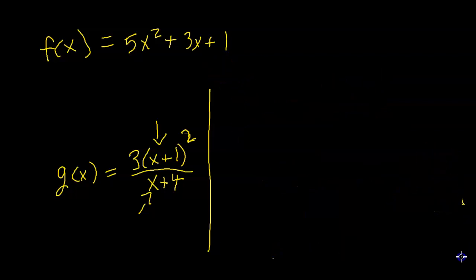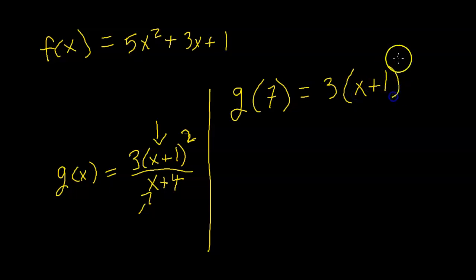All right, let's do one more like this. Let's take it up at least a little bit of a notch. Let's do g of 7. That's going to equal 3 times x plus 1 squared divided by, whoops, we don't want an x plus 1 squared because we're plugging in the value 7. That's going to be 3 times 7 plus 1 squared divided by 7 plus 4.